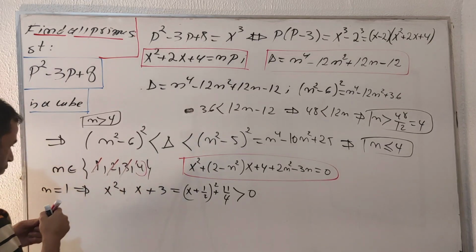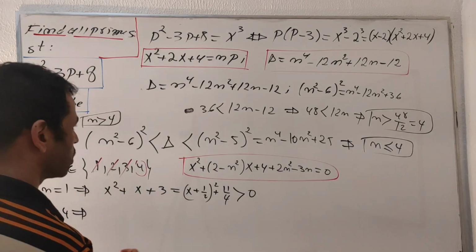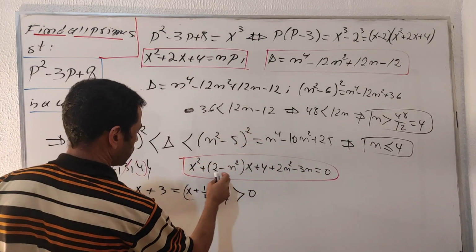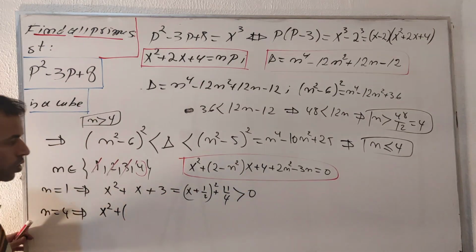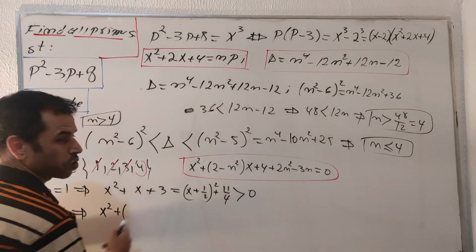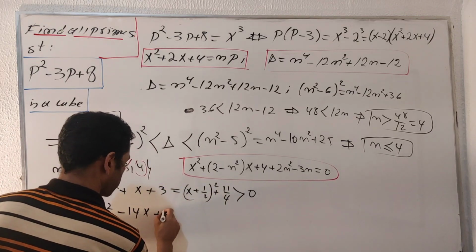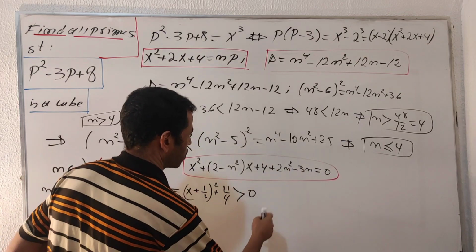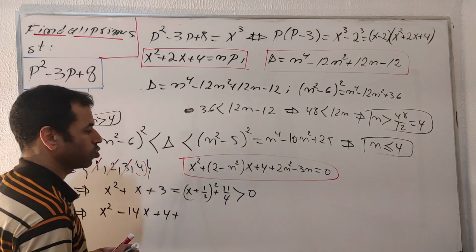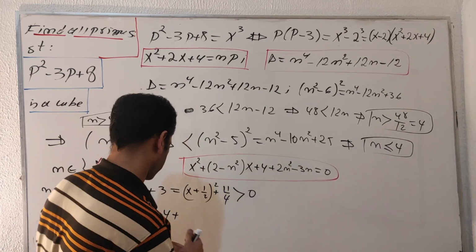Let's check this one. We have n equals 4. Let's plug number 4 into this one here. I get x squared, 4 squared, which is 16, minus 16 plus 2, which is minus 14, x plus 4. I get 4 squared, which is 16. 16 multiplied by 2 is 32. 36 minus 12 gives us 24, equals 0.